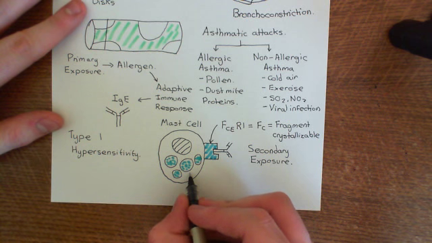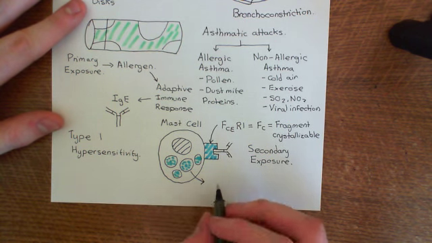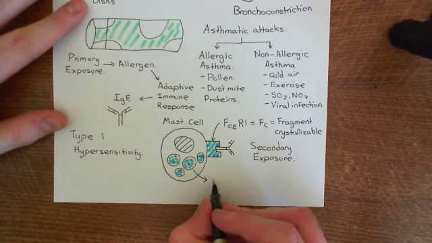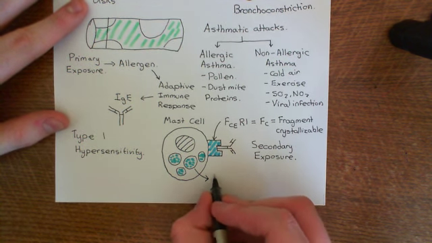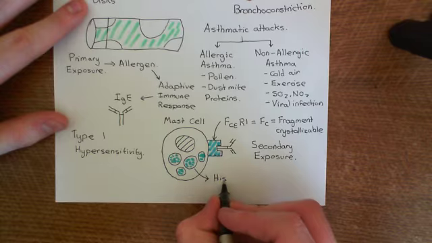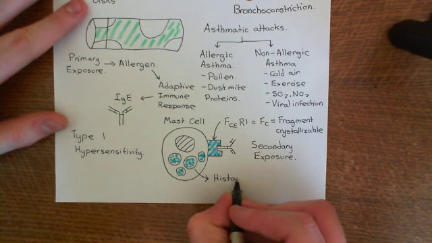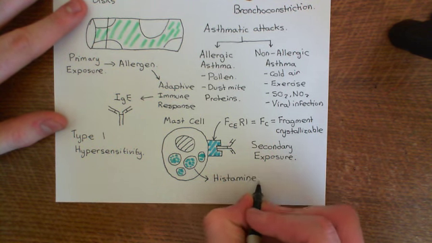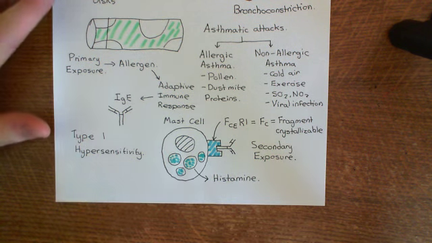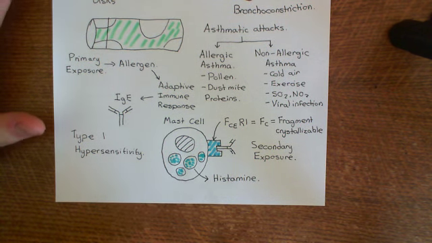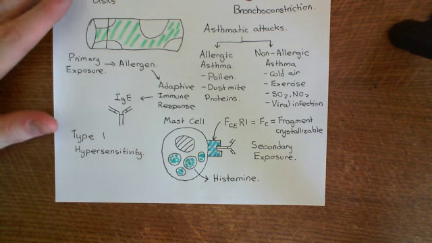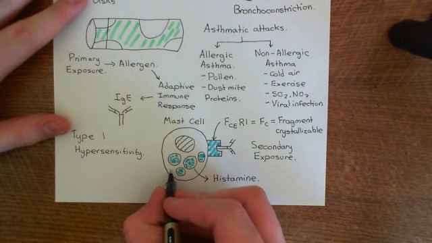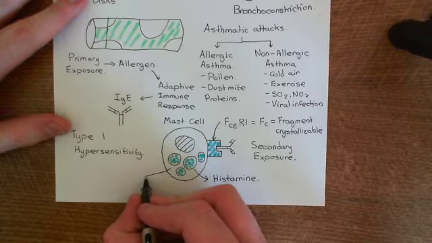Okay, so when the mast cell becomes active, one of the things that is going to happen is this degranulation of the mast cells, where the mast cells degranulate, the granules fuse with the membrane, and you release histamine into the extracellular fluid. So you're going to get a huge amount of histamine being released into the lamina propria of your airways, okay? In addition, the mast cells start producing leukotrienes.